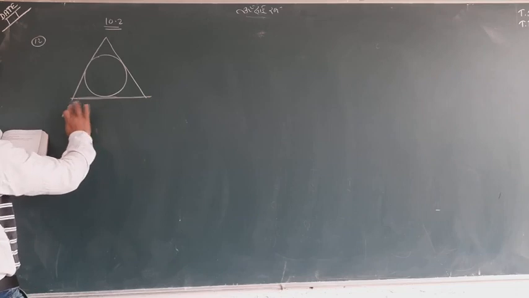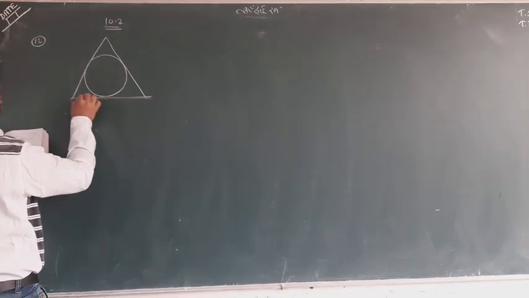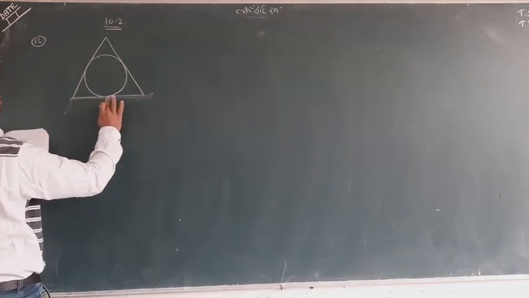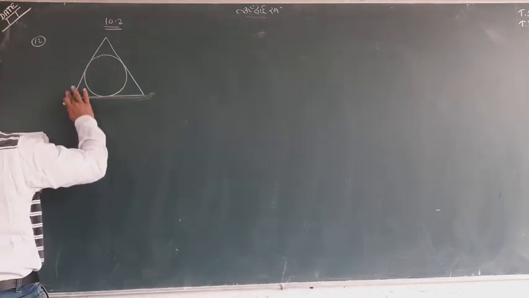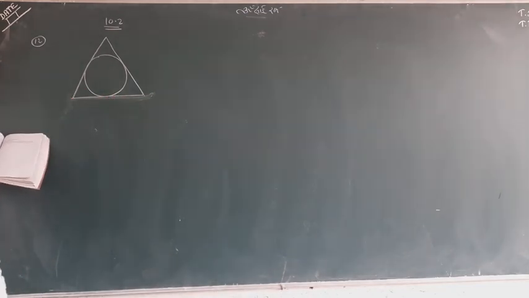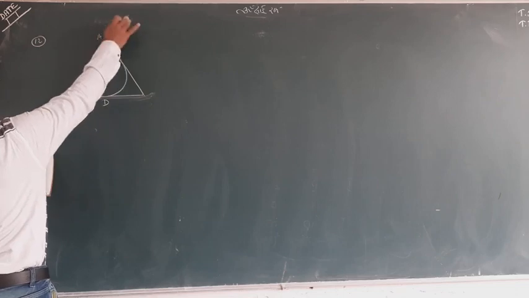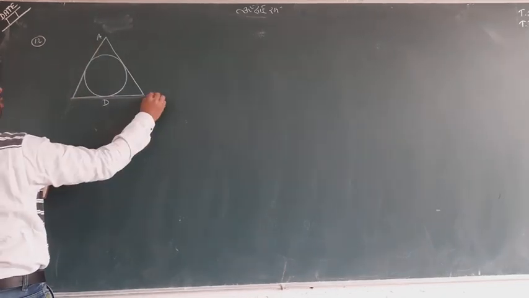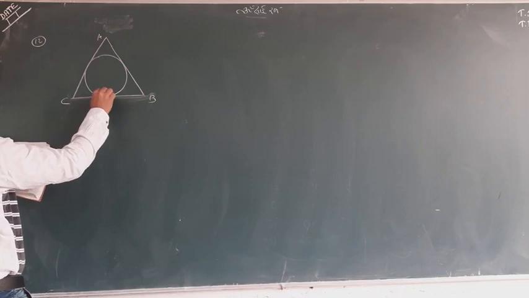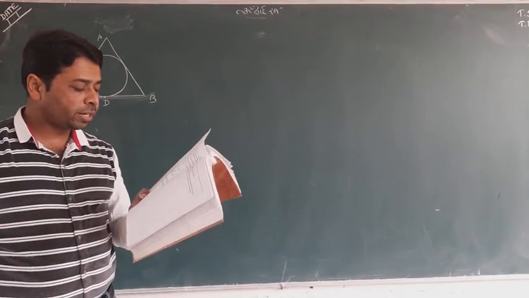The question says its radius is 4 cm, such that the segments BD and DC into which BC is divided by the point of contact D. This is D, it is A, it is B, and it is C.